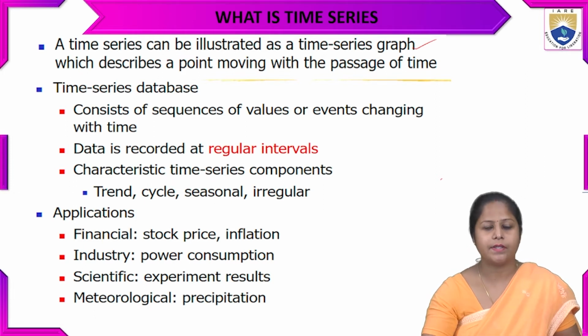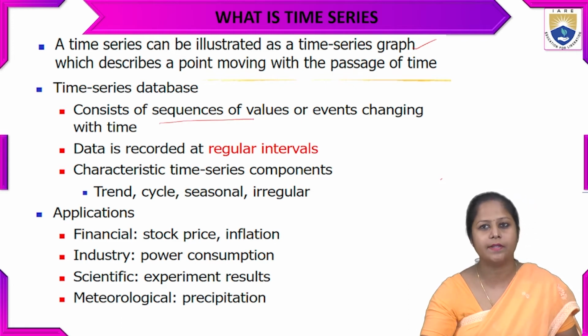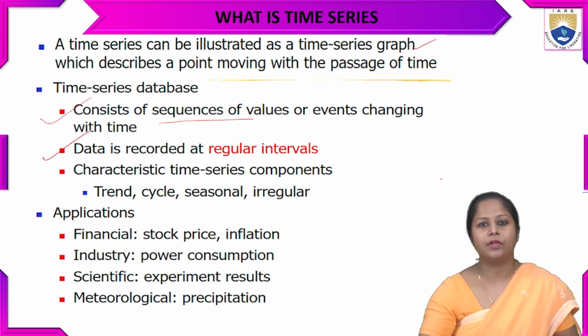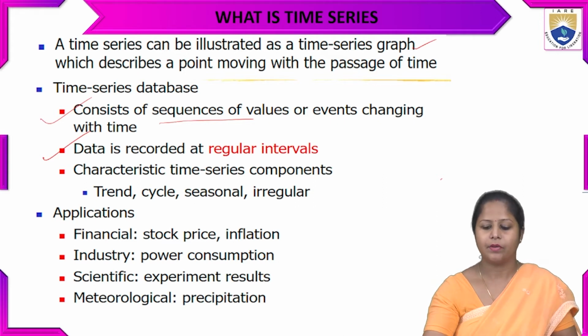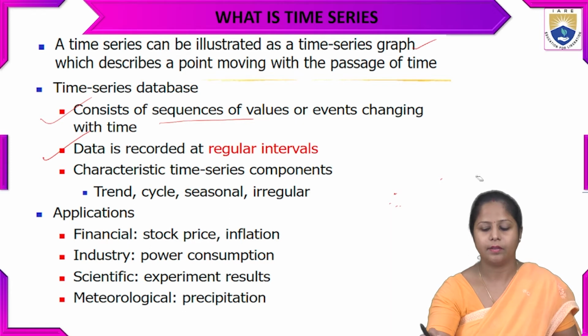A time series database consists of sequences of values, or we can say events, changing with the time, right? Data is recorded at regular intervals. So in the earlier example, the points were plotted in a regular nature.